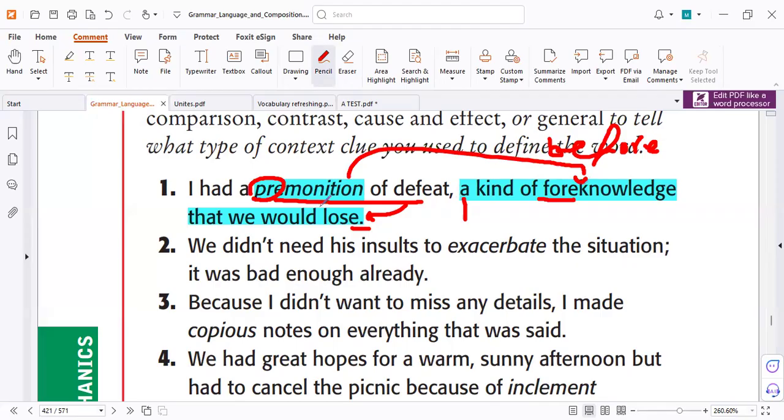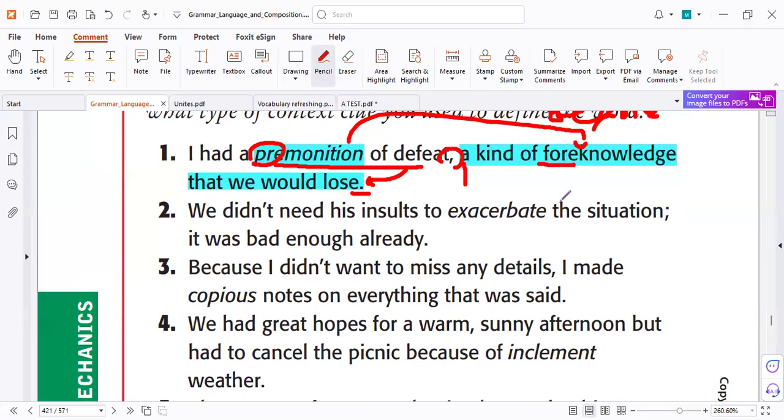So when we ask you about premonition, the answers may be foreknowledge, prediction, forecast, foresee, expect, this way. So the writer gives you an additional phrase to explain and give you details. Again, semicolon. Remember, punctuation is a powerful way to help you. Semicolon means we have a complete sentence before and a complete sentence after.